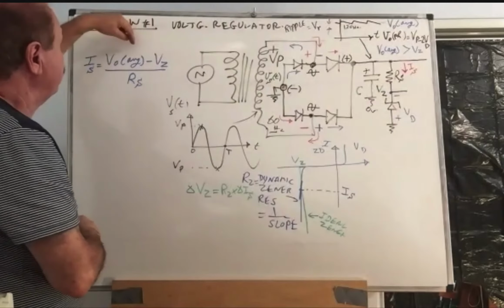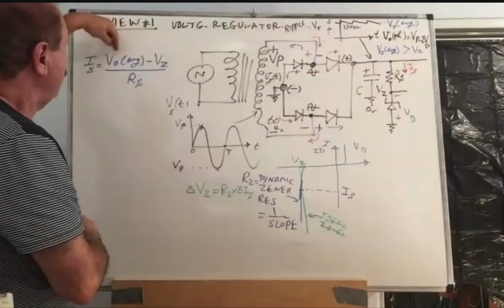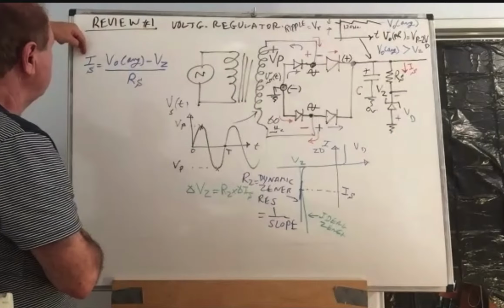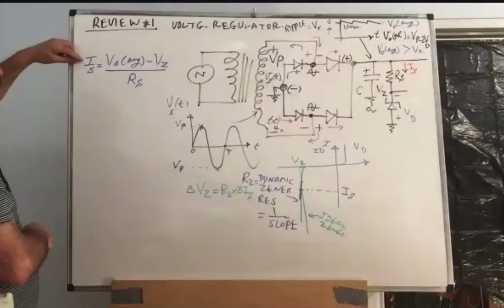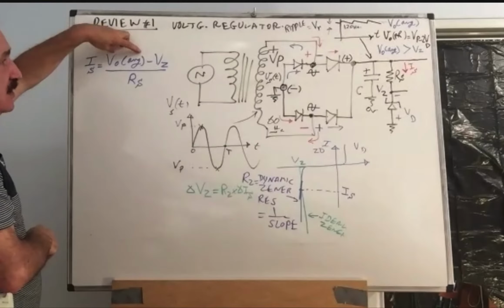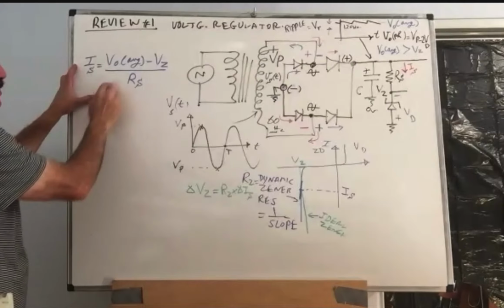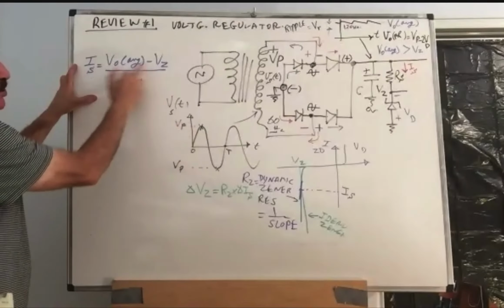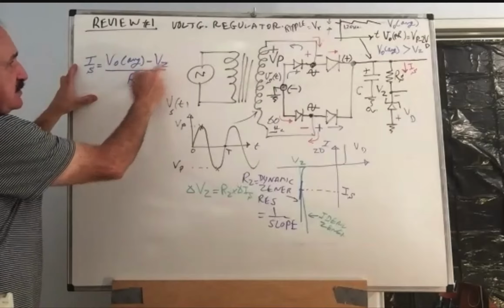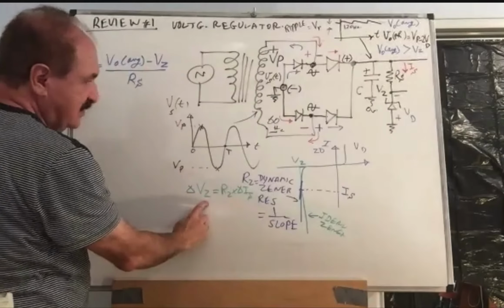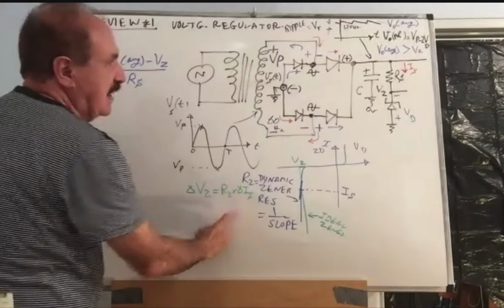Because here, if you consider the changes in here, delta of IS, if VO is a constant, if you differentiate that basically, it doesn't have any change, so it will be minus delta VZ over RS, or delta VZ is just RS times delta IS.